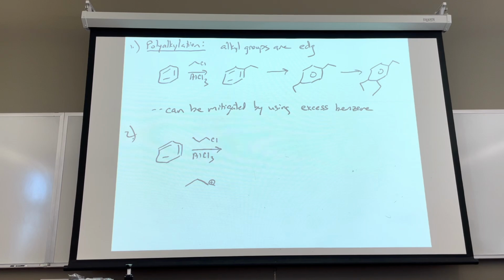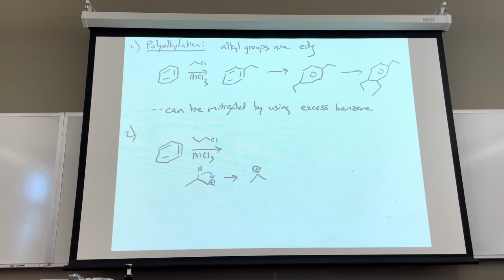Yeah, exactly. Remember, anytime you're dealing with carbocations, you always have to be on the lookout for rearrangement. Do you see how if you made that primary carbocation, that it could make a more stable carbocation simply by doing a hydride shift? The hydride shift would take that from a primary carbocation to a more stable secondary carbocation.